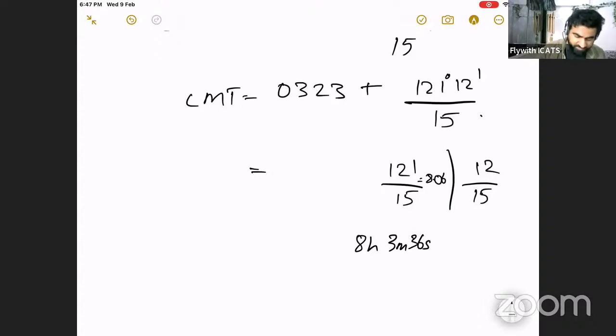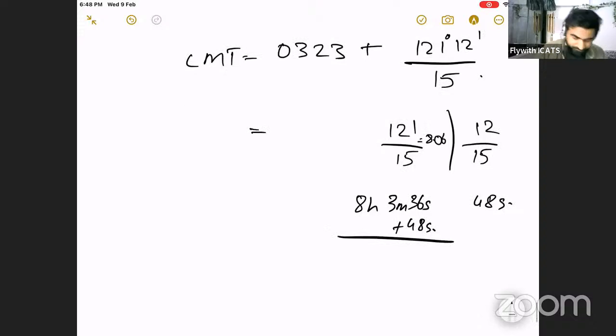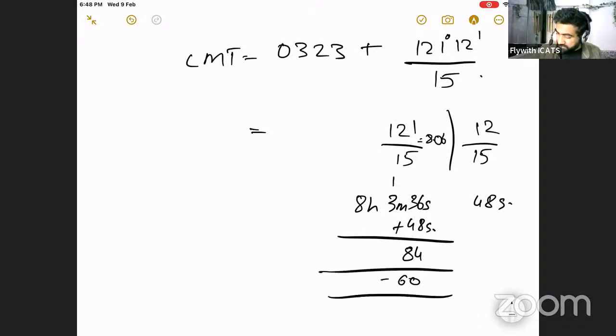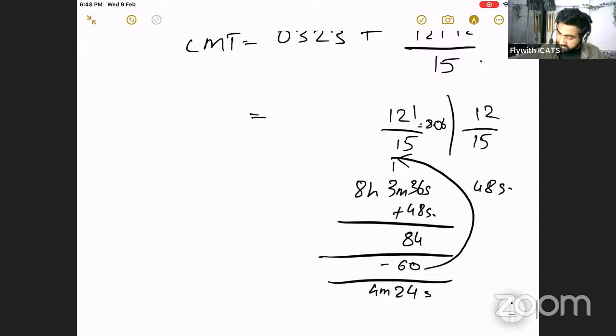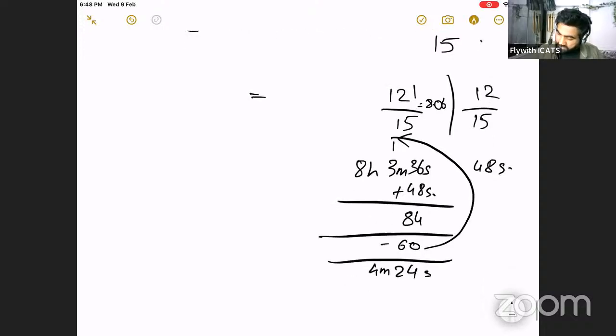And 12 by 15 we have already done, it's 48 seconds, right? 0.8 into 60, 48 seconds. So plus 48 seconds, and what do you get? 48 plus 36 gives you 84. So 84, you give 1 minute here, and over here you get 24 seconds, 4 minutes, and 8 hours.